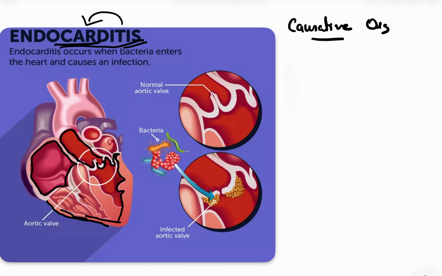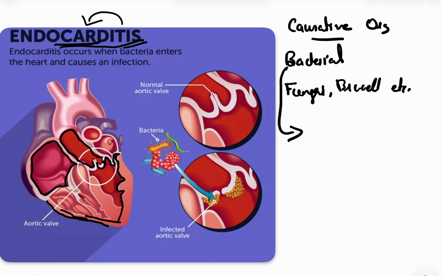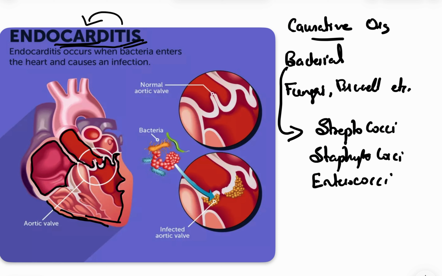It can be bacterial, or other than bacteria, like fungi or brucella, etc. Among the bacterial organisms which result in endocarditis, that can be streptococci, or staphylococci, or enterococci. So these are the bacterial groups which can result in bacterial endocarditis.